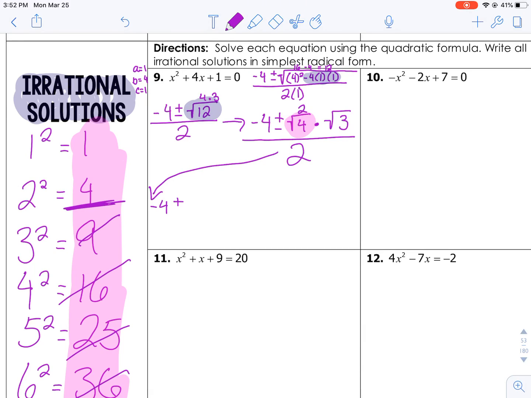Negative 4 plus or minus 2 times the square root of 3 all over 2. So these problems are not ever going to completely get rid of that radical, that square root symbol. They're going to stay around. We just have to simplify it out.